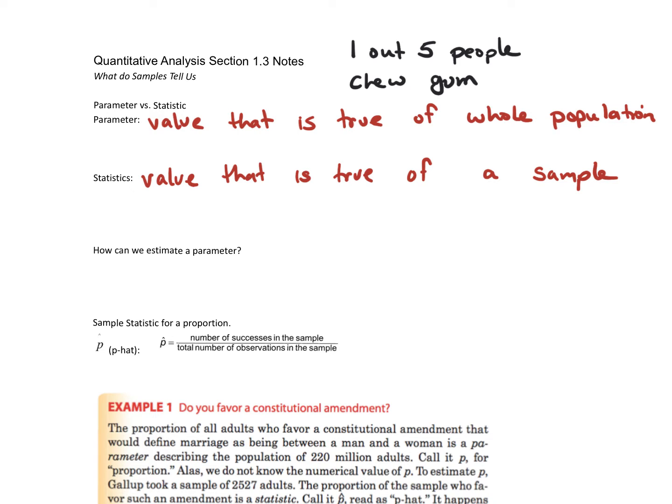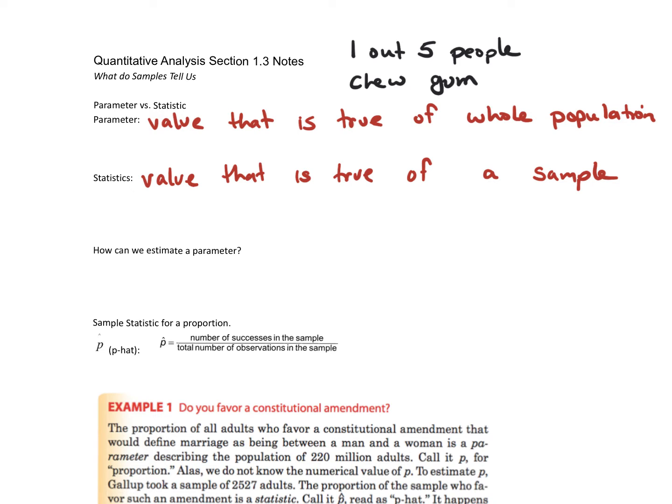So that's a real question we have to start looking at when we look at studies and things like that. One thing that we will say is parameters are very difficult to find. It's very hard to ask everyone in the population some characteristic. Do you chew gum? How many hours a week do you work? How much money do you make? Anything like that. But a sample is very, very easy.